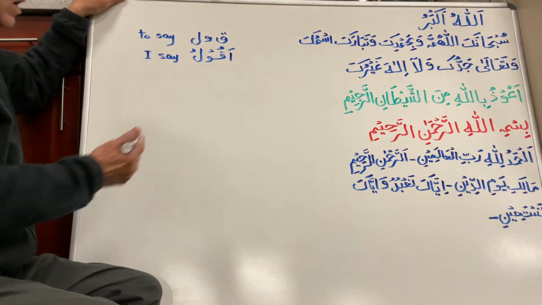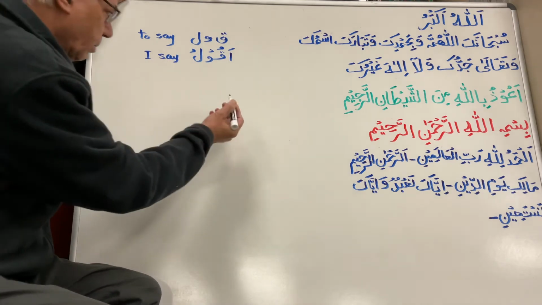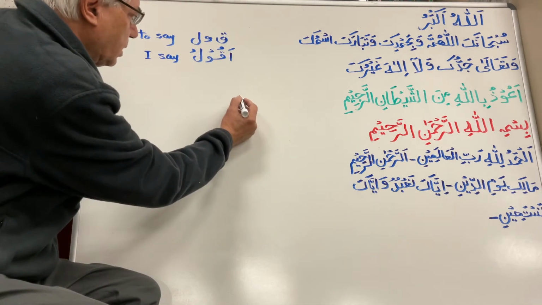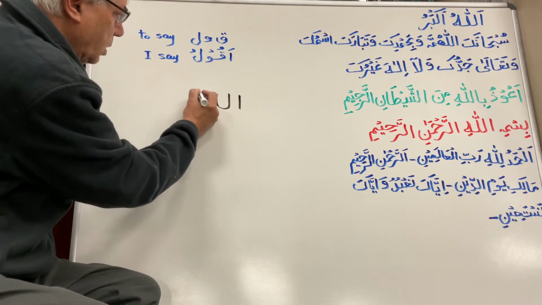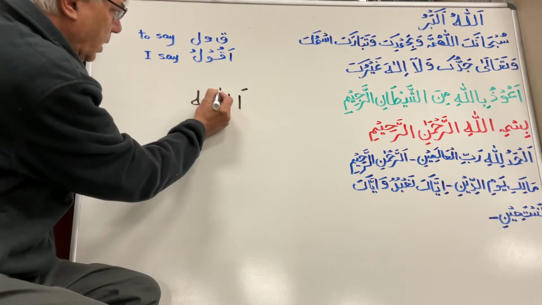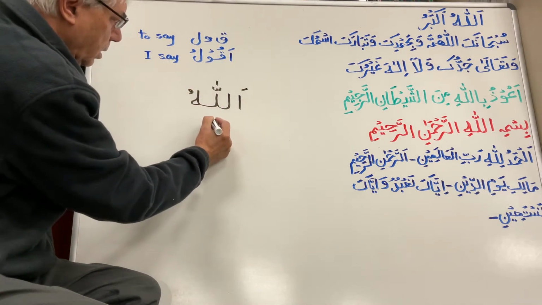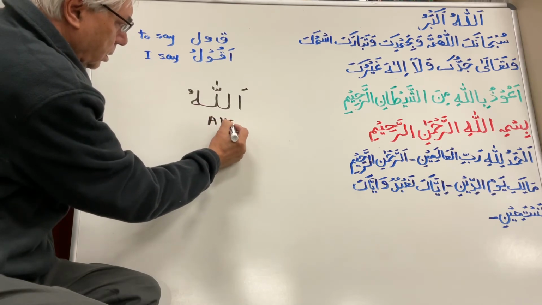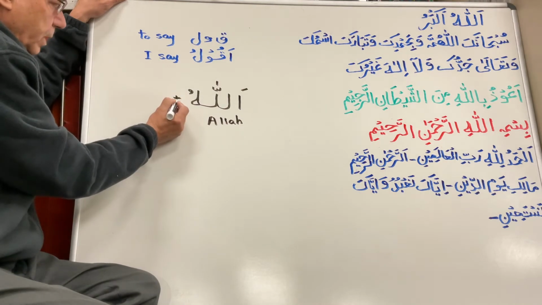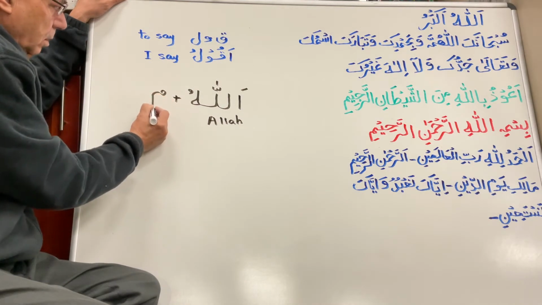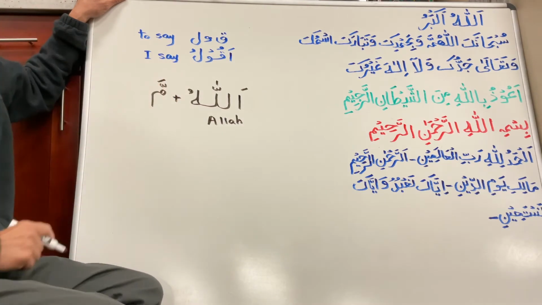Now, another thing, the word after that is Allahumma. Now look at this word. We know this word, Allahu. Now I'm going to add a meem at the end, with a shadda and a zabar.